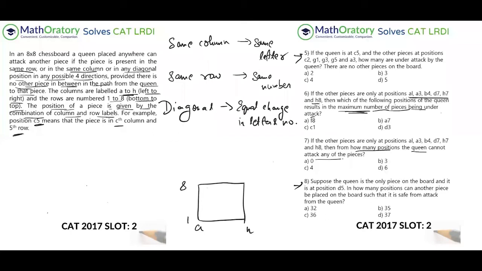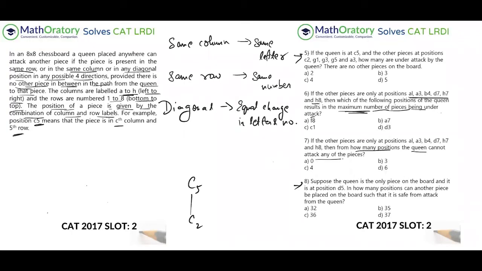Now let us focus on questions 5 and 8. Question 5 is asking what happens if the queen is at position C5. So let me take a random place here. Let's say this is C5. And the other pieces are at positions C2, G1, G3, G5, and A3. First of all, I can straight away see that it is attacking C2 for sure, because C2 will be somewhere below.